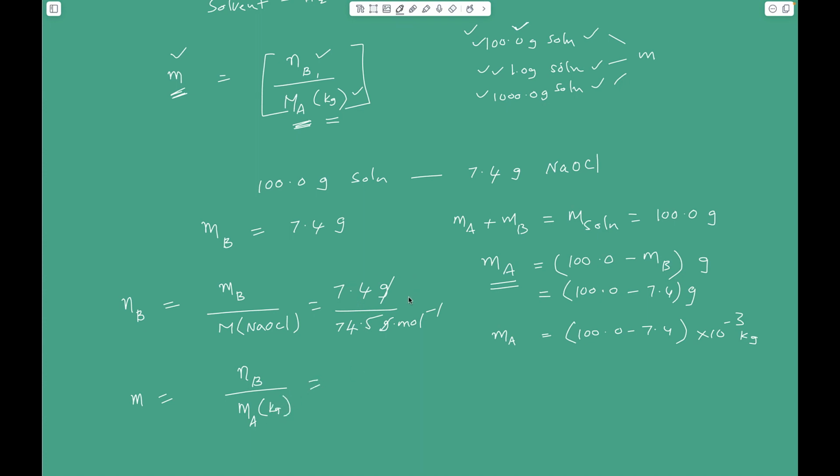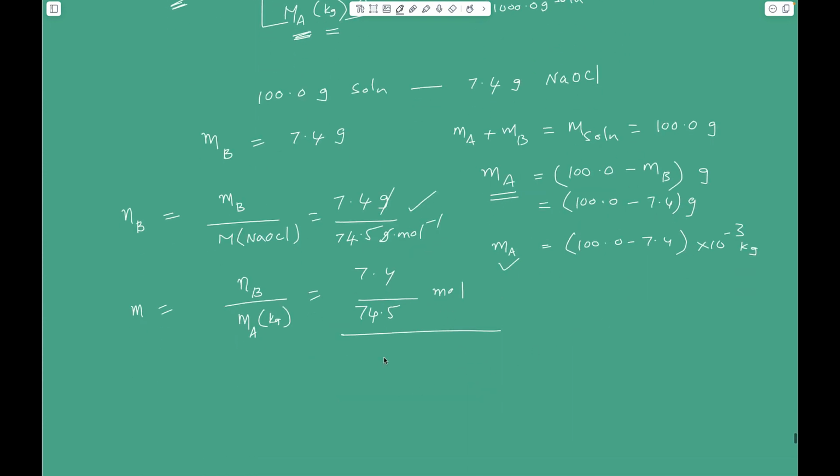So you have the value of nB here, you have the value of mA here. Substitute them in this expression, then it would be 7.4 over 74.5 mole. Mole inverse becomes mole when it comes to the numerator, over (100 minus 7.4) times 10 to the power of minus 3 kilograms. So you will get the molality in mole per kilogram.